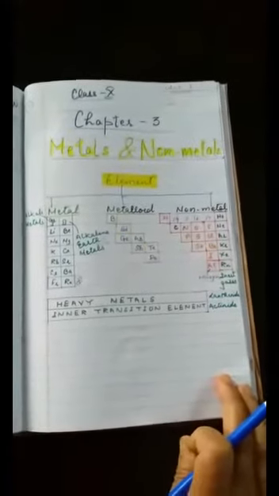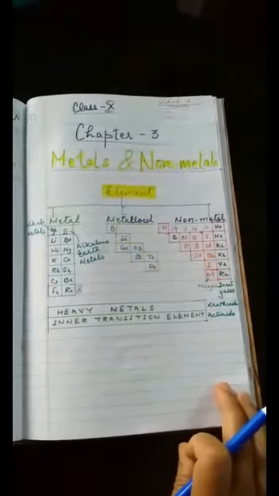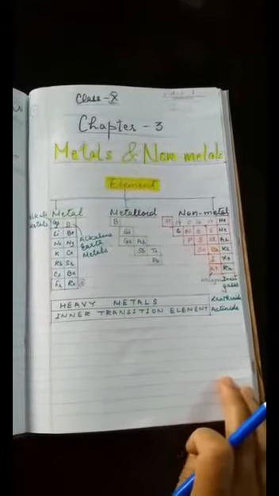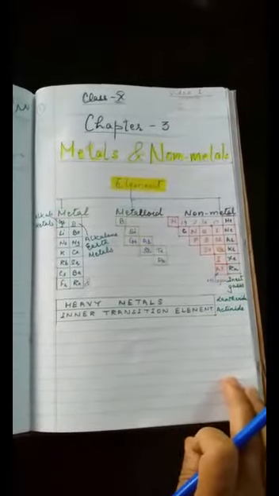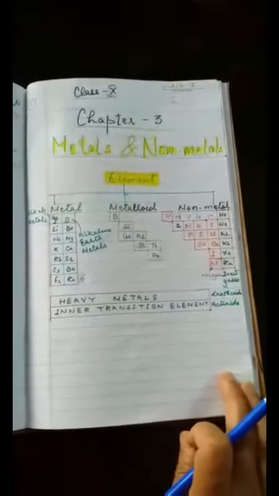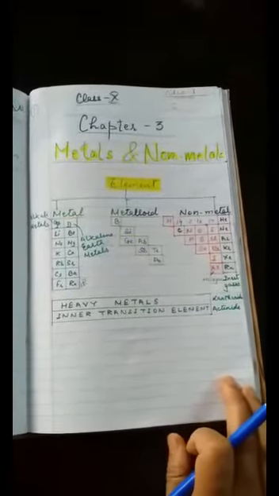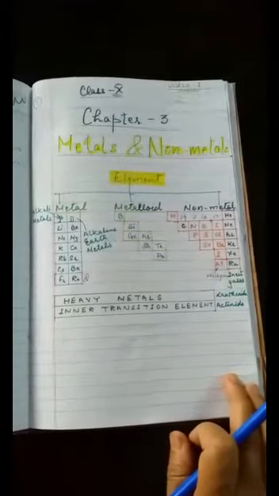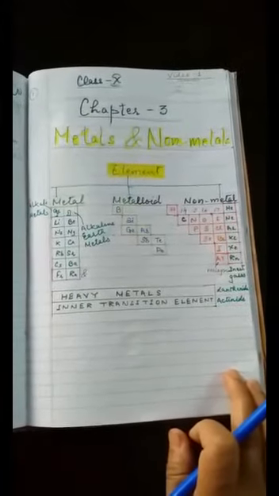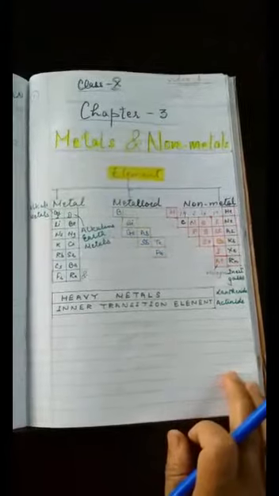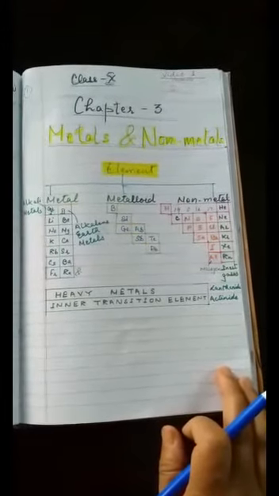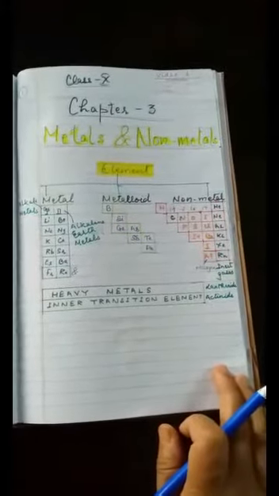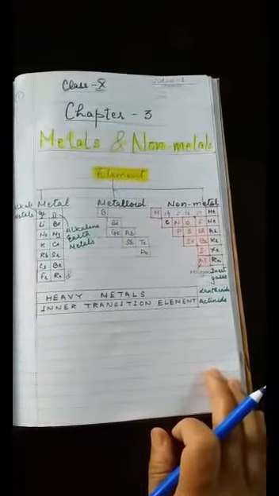Metals are sonorous, lustrous, good conductors. These are the properties of metals, but there are some exceptions as well. In the definition we must write that metals are electropositive elements which have a tendency to lose electrons, and non-metals are electronegative elements which have a tendency to gain electrons.